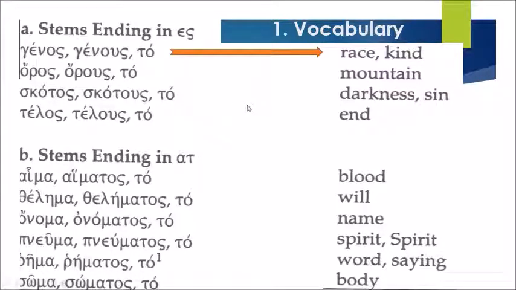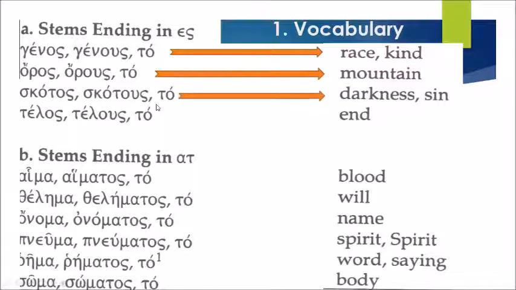Next word is oros, and in the GA it is orous. It means mountain. Next word is skotos, and in the GA skotous. This means darkness or sin. We have also telos, which means end. As you can notice, these are neuter nouns.